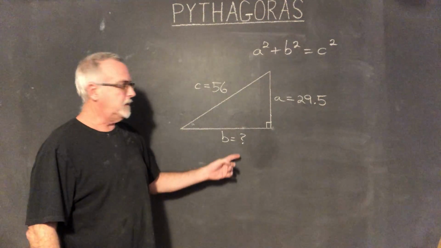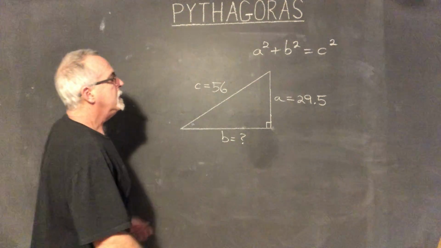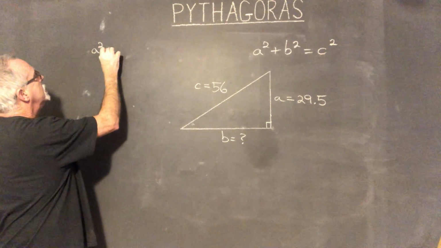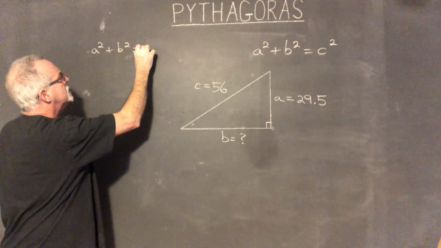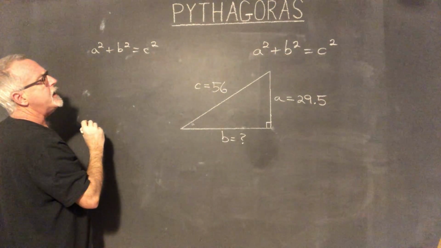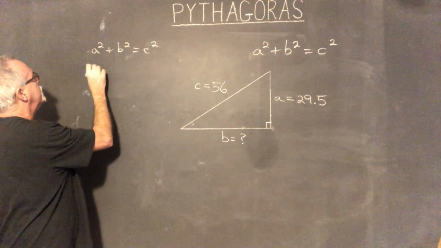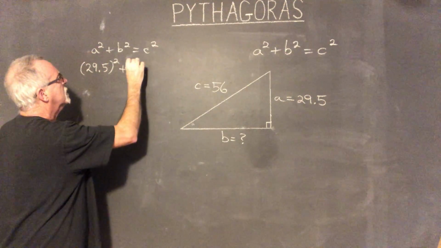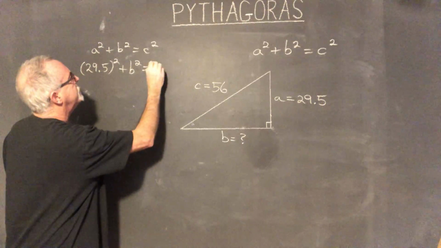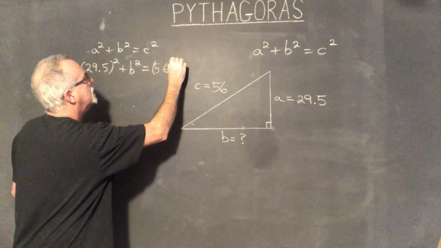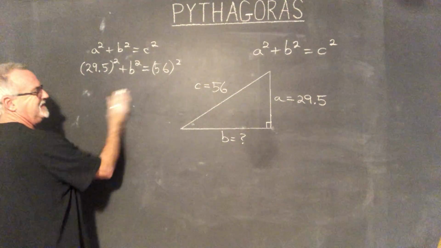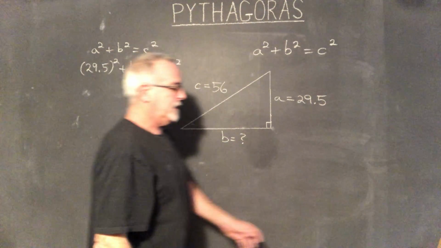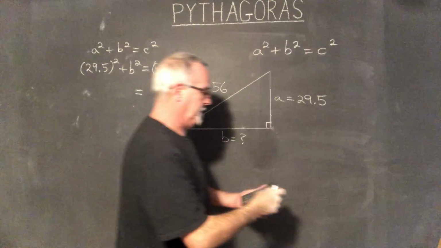I'm not going to be surprised if there's decimals in the answer. Let's do the formula. I'll do it over here. A squared plus B squared equals C squared. And the A is 29.5. And the C is 56. I'll move my calculations over to the left a little bit. And let's get the calculator and get busy.